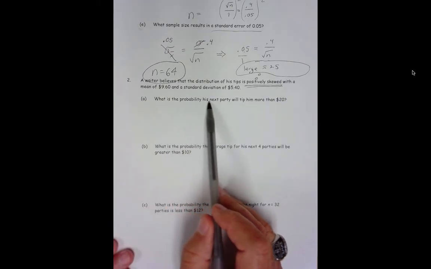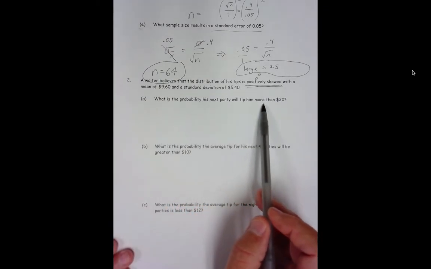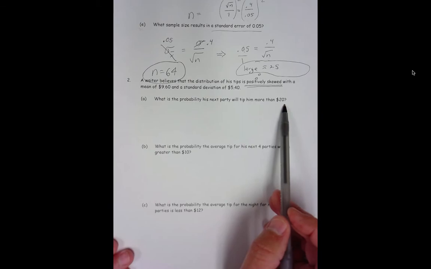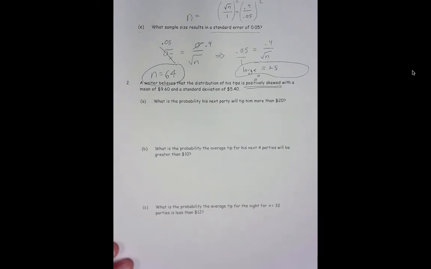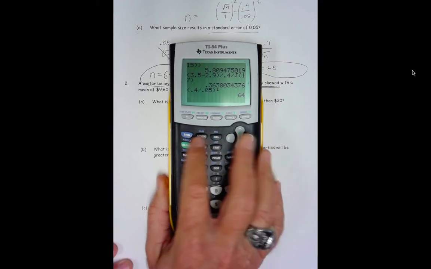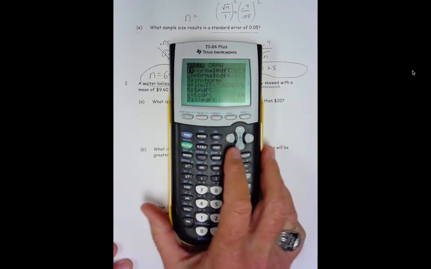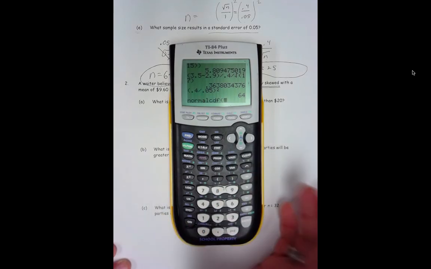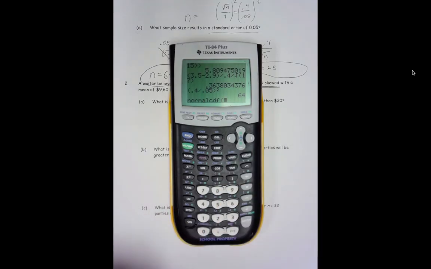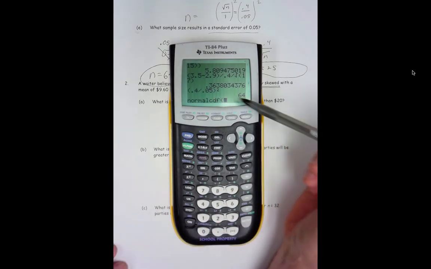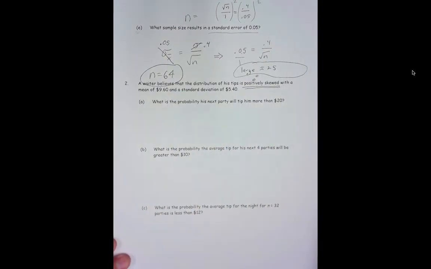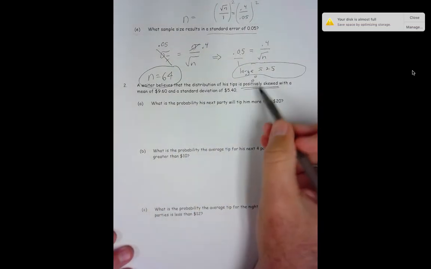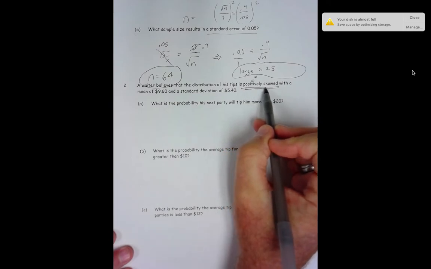What is the probability his next party will tip him more than 20 bucks? Now, undoubtedly, students will pick up their calculator and they'll come to normal CDF and they'll start punching buttons. And I'll say, well, you can't do this problem. And they're like, well, hell, I can. I just typed it in and it worked. Yeah, well, it doesn't work because it's a positively skewed distribution.